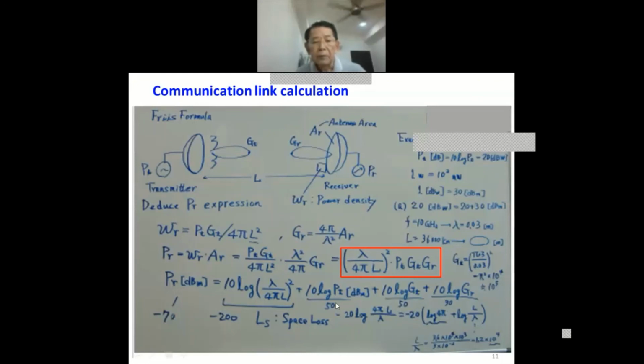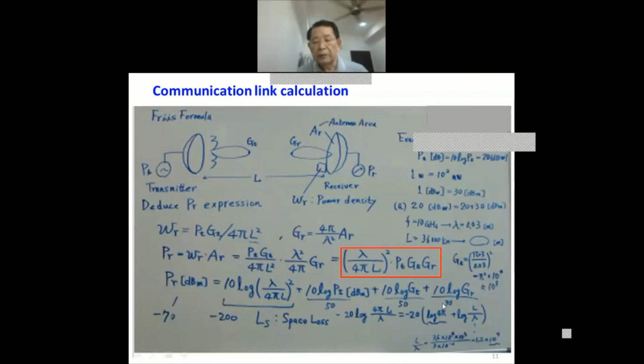This is 100 watt. 100 watt is 50 dBm. In the satellite, this transmission power is 100 watt, then 50 dBm, and the satellite antenna is 50 dBi.